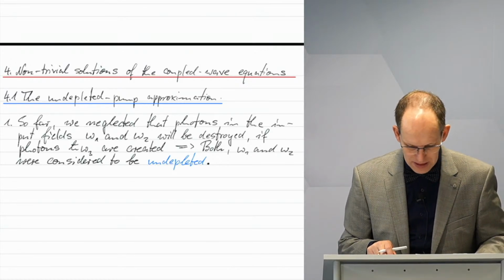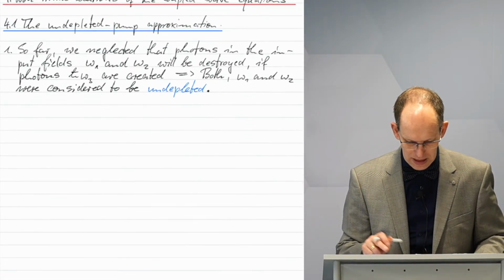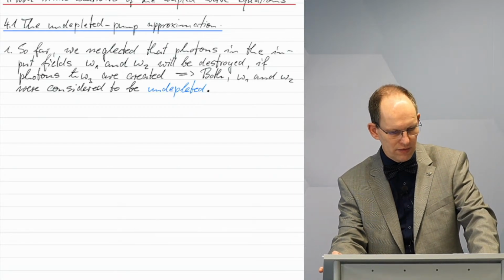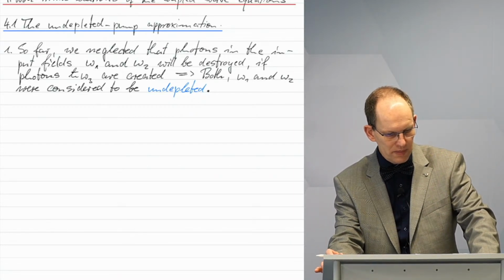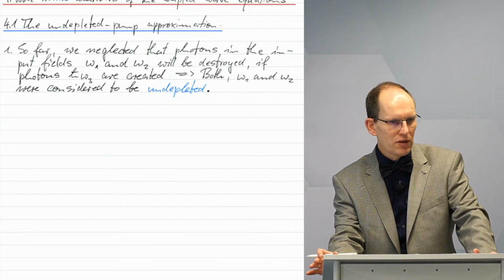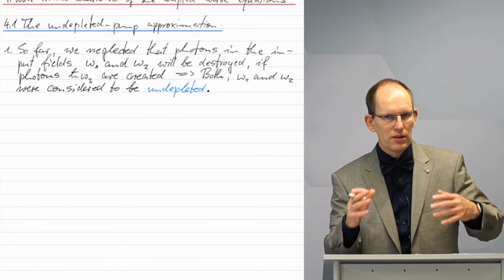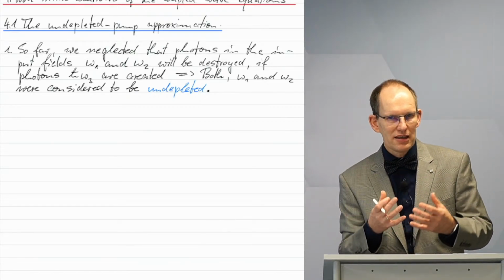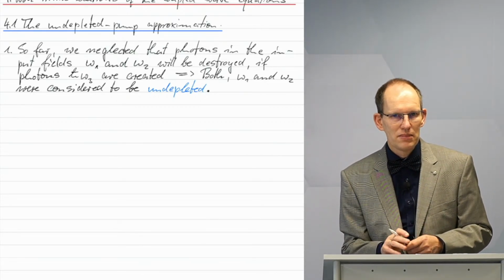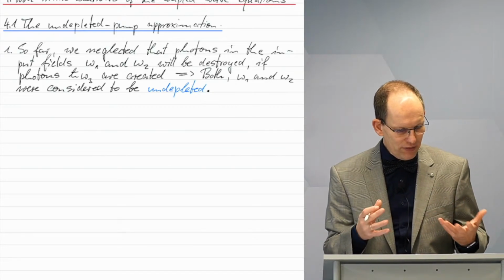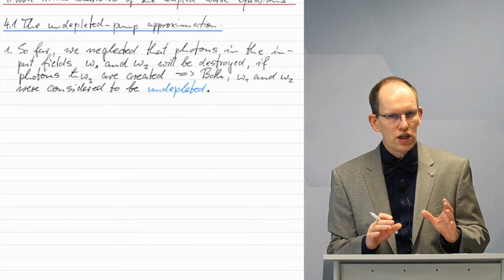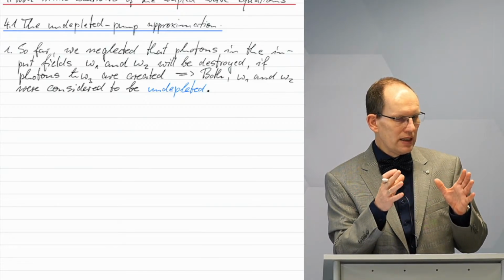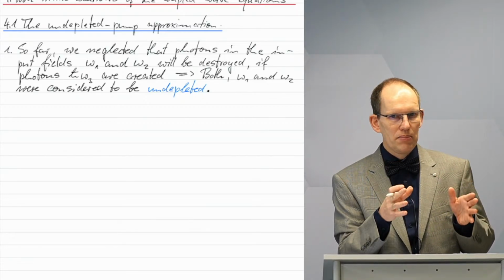But they are very well studied functions, so in principle it's possible. But if things get mathematically too difficult, it's difficult to get some physical insight, and therefore we look at the situation where just one of the fields is considered to be undepleted.